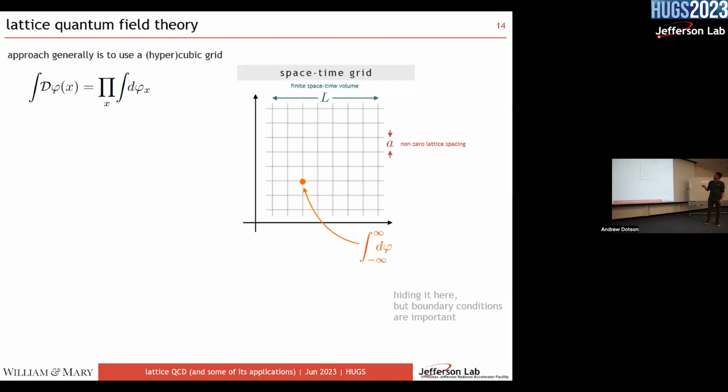But what you realize is if we do this, then a field configuration now is a finite number of numbers, because there are only a finite number of points on our space-time grid now. So a field configuration is just a list of numbers that terminates because you run out of points.